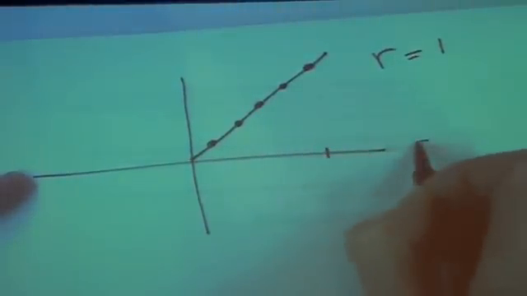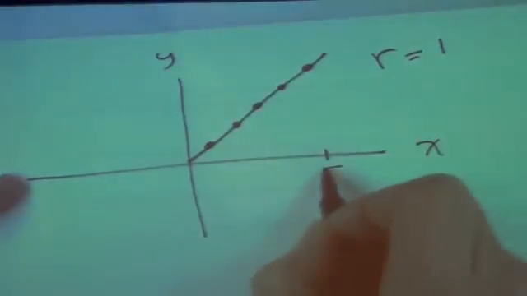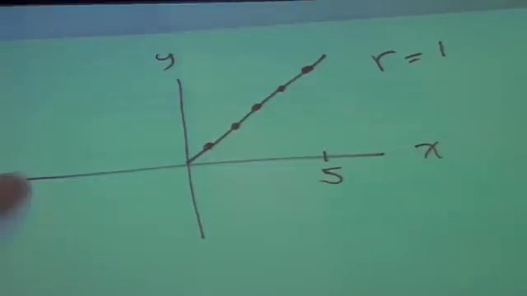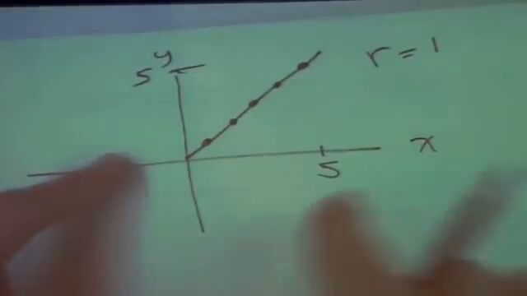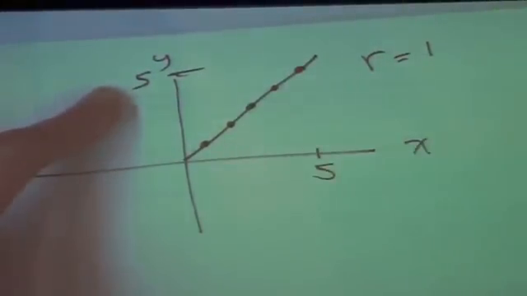This is X and this is Y. I said X is 5. Predict what Y is. Well, you go right up here and you see Y is 5. All right. That's your best prediction. Now if we go in the other direction, what if you start with Y? 5.